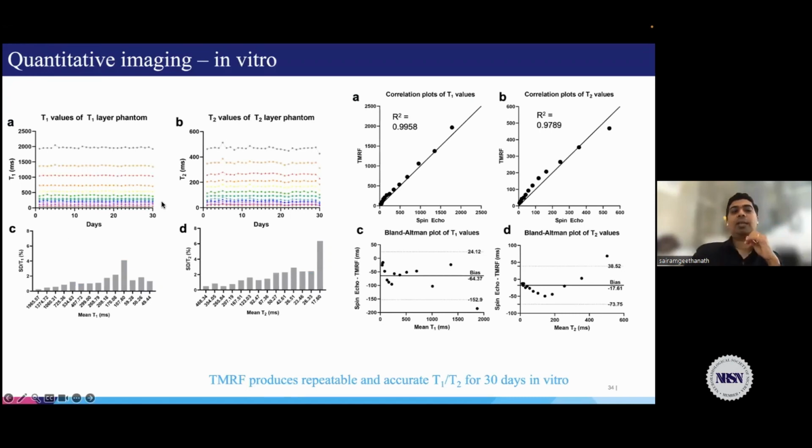Quantitative imaging in vitro is similar performance to the MR fingerprinting, but given that we haven't had as much randomness as in the original Jiang paper, you can start seeing that for smaller T2 values, which are about 20 milliseconds or lesser, which are more relevant in musculoskeletal imaging applications rather than, excuse me, neurological applications, you see higher coefficient of variation.